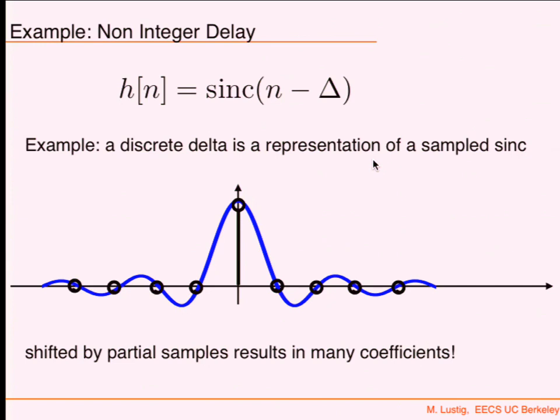And so, if I shift that delta by half a sample, I'm just going to be evaluating it on those points. And so effectively, e to the j omega t is really a sinc interpolation of my discrete time signal.